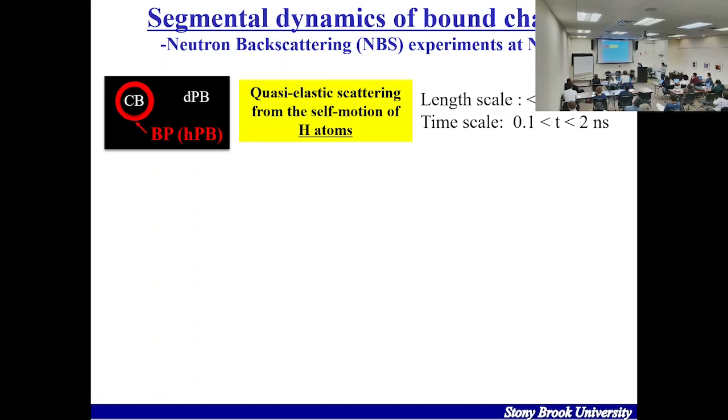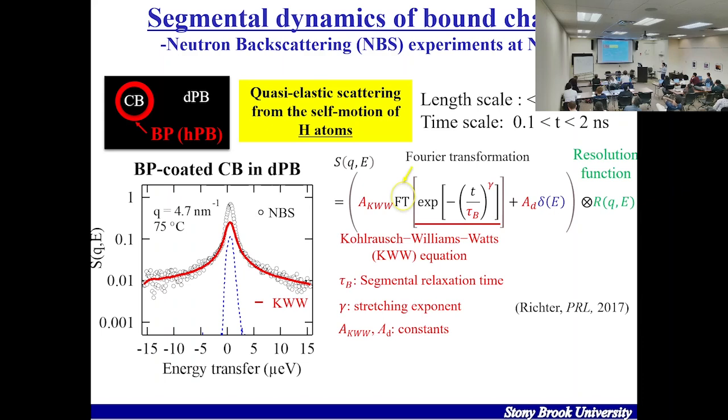This is your favorite S(Q,E), the dynamic structure factor, at 75 degrees at the given Q value. We fit the data. I won't go into the detail here, but it looks like there are two components, as Madhu explained: an elastic component and what we call the mobile component.